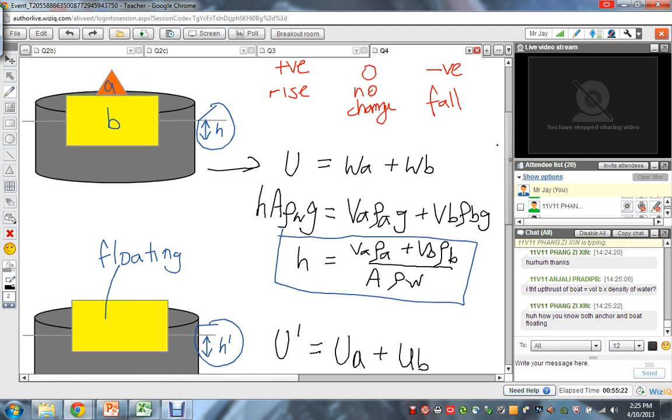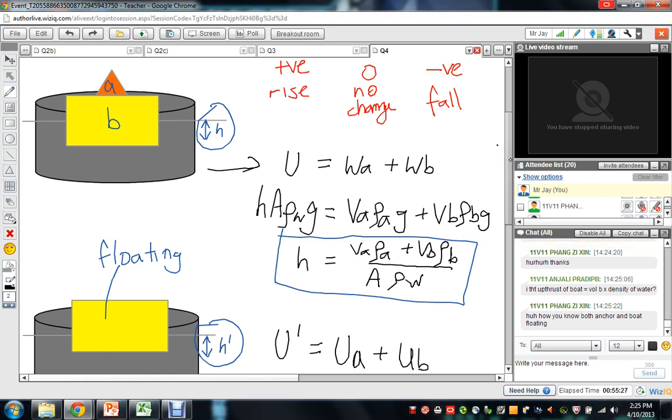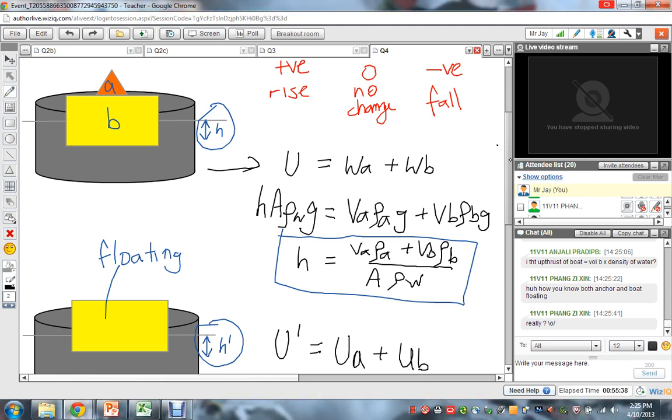To answer Anjali's question, I thought upthrust of the boat equals volume of the boat times density of the water. No, that is true if the boat is completely inside the water, but the boat is not completely sunk inside. So I don't know what the volume of the boat that is inside the water is. But what I do know is that the upthrust is equal to the two weights.